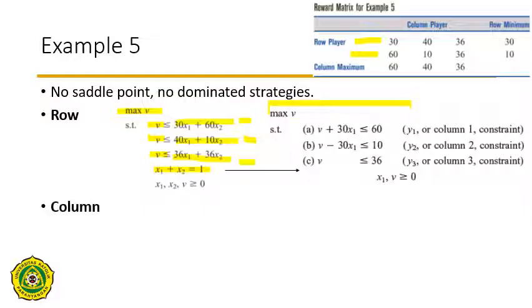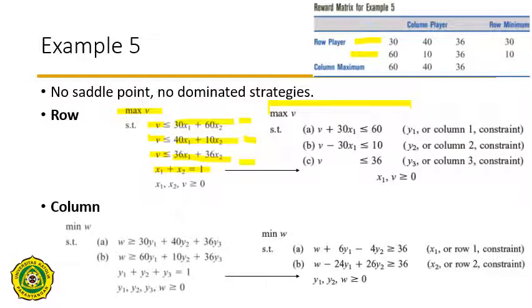Now for the column player, we start with the same thing, which is thinking that the column player cannot control whatever strategy is played by the row player. So we have two constraints here. The first constraint is if the row player plays strategy 1, and the second constraint is if the row player plays strategy 2.